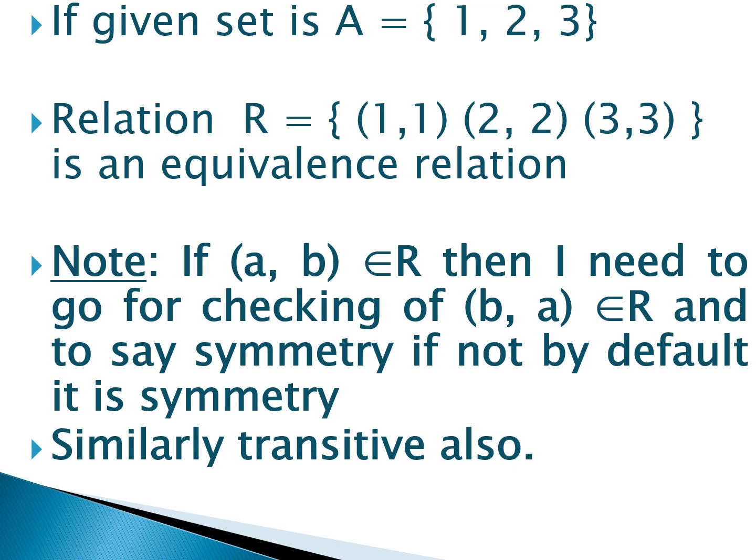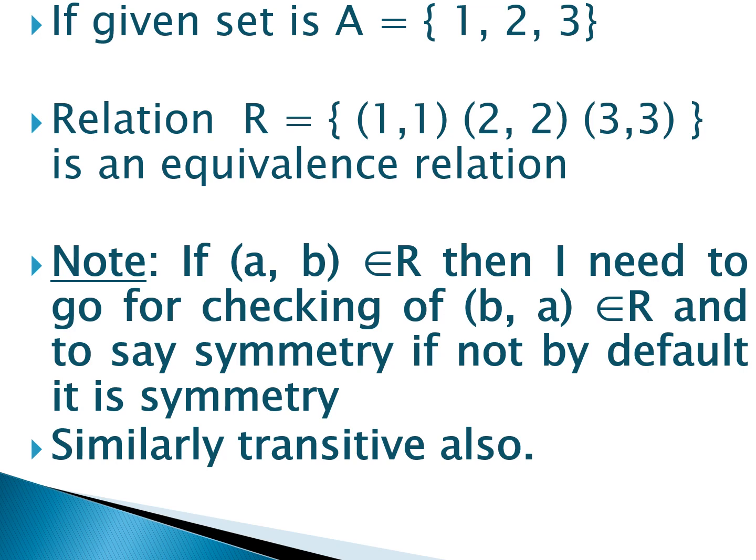Now, (1, 2) is not there in the relation set R, so I need not check whether (2, 1) is there or not, and I can straight away say that it is symmetric.